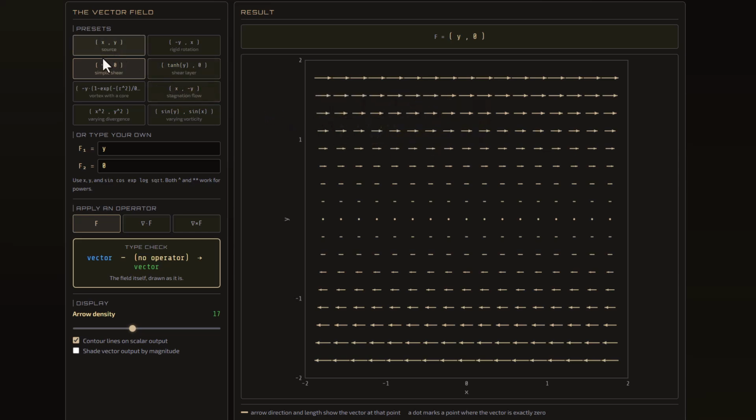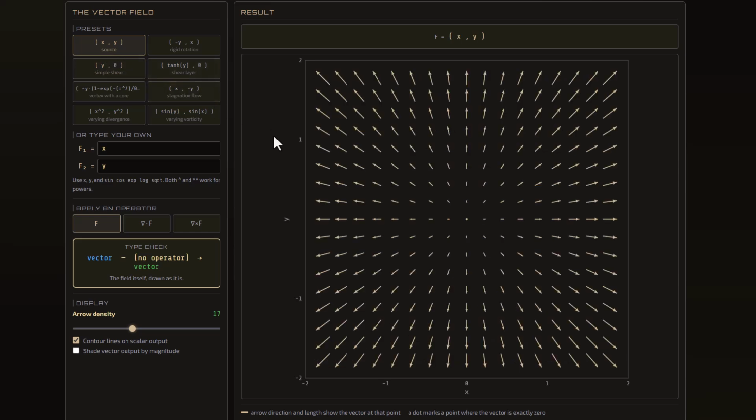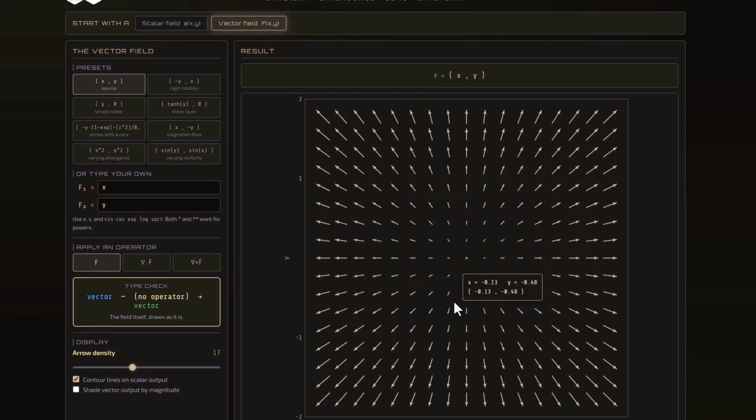Now, if I go back to this one, it's actually labeled as source. It certainly looks like this flow field has some source, like a fountain that you can't see coming into the plane. Imagine water coming up through a fountain and spreading across a tabletop. That's what I'm thinking about. So there's a net outflow or inflow if you think of it in those terms.